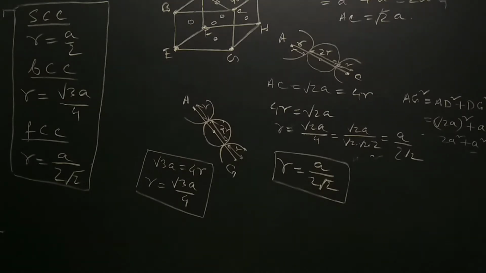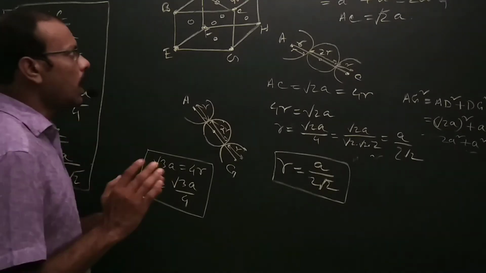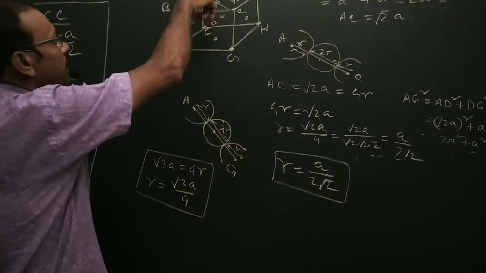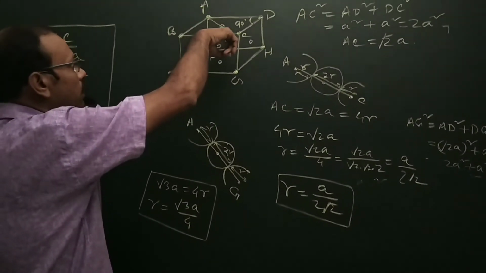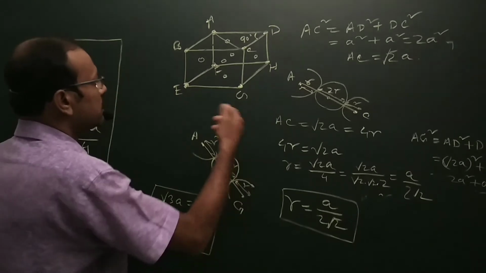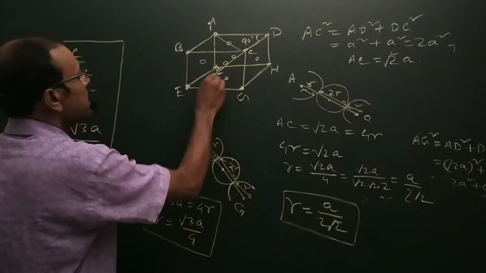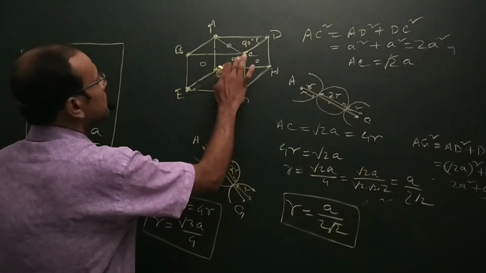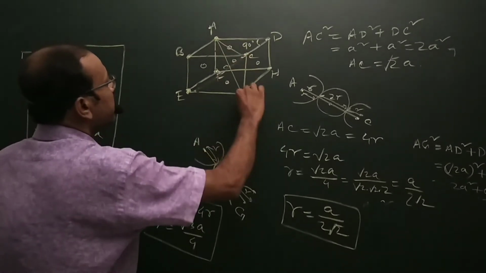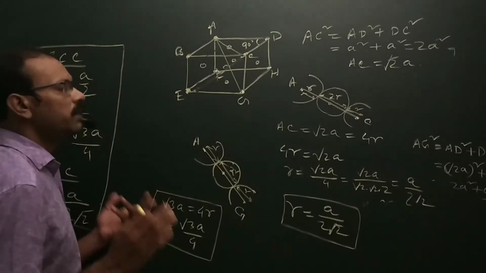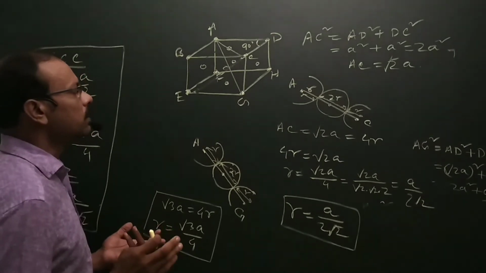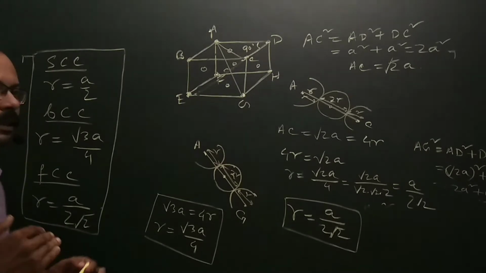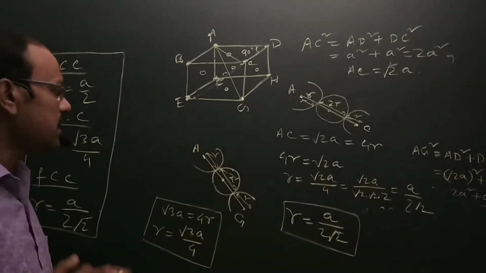Once we know how to find the length of AC and the other diagonal, say CE or AG, we can find the relation between edge length and the radius of the particle very easily.